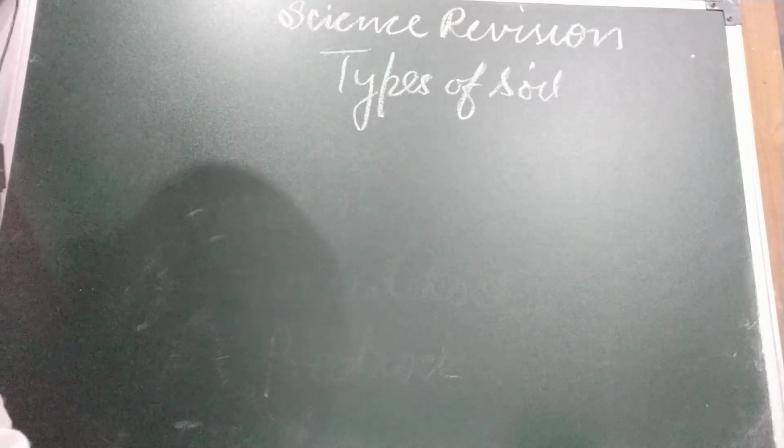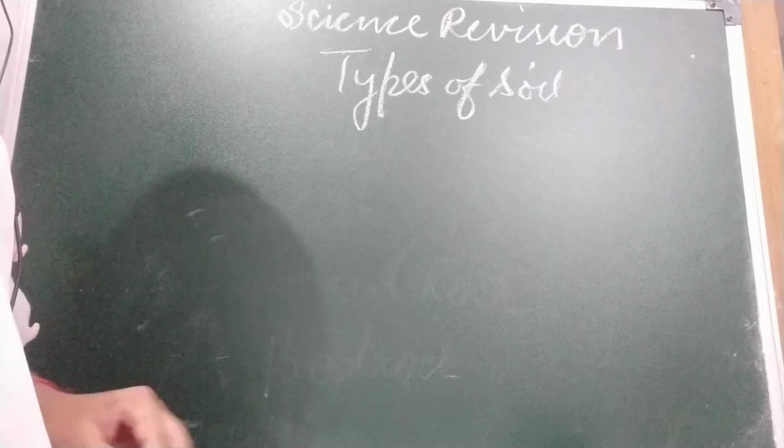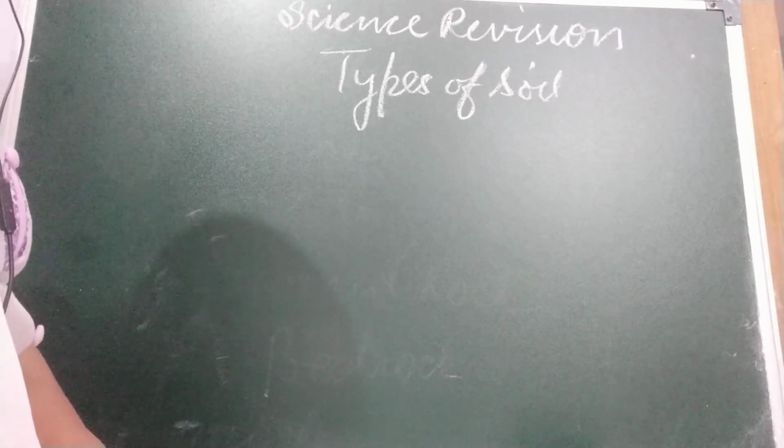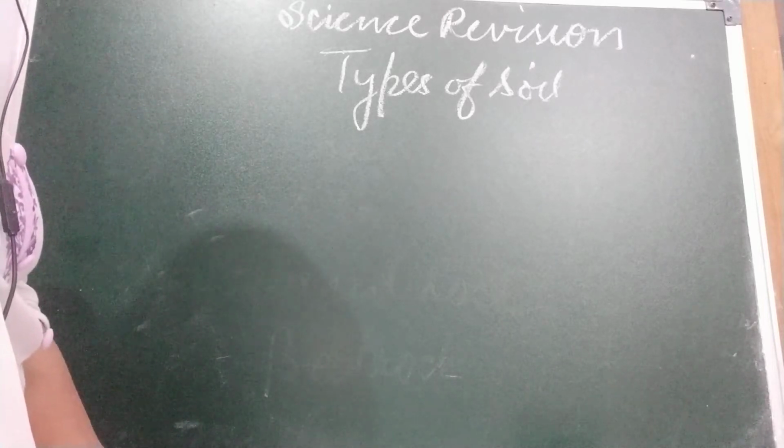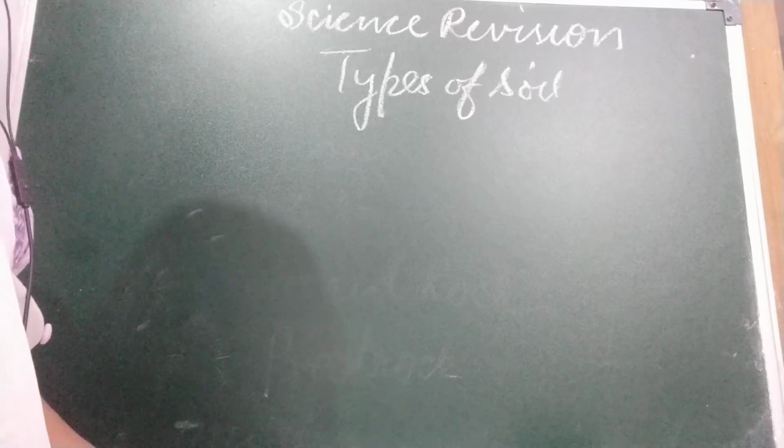The particle of clay is very tiny, less than 0.002 millimeter. Silt has particle size between 0.002 to 0.2 millimeter, and sand has the largest size particles.